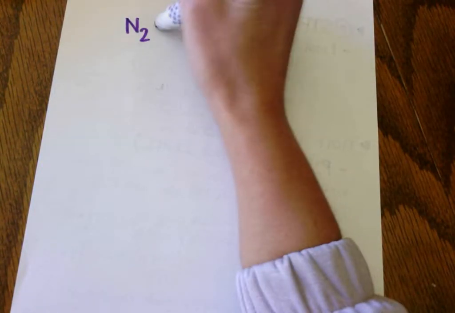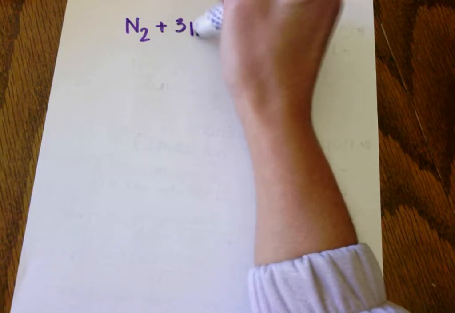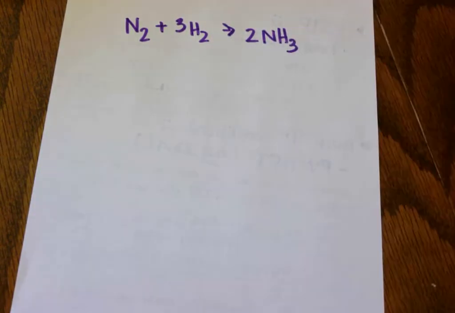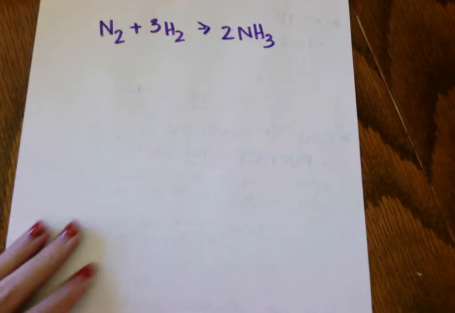And let's change up our equation just to make it different. So let's say we've got nitrogen reacting with 3 moles of hydrogen producing 2 moles of ammonia, right? So in this scenario, all 3 of these things are gases, which is helpful in gas stoichiometry. Okay.